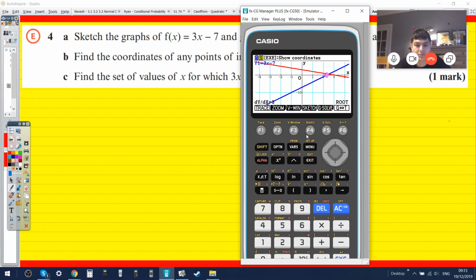Graphical solve, F5. And then you can choose, let's say, root. You can press up or down to pick the different lines, whichever one you want. So shift solve.